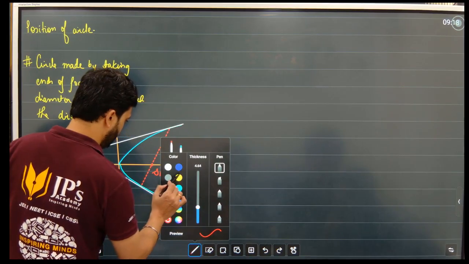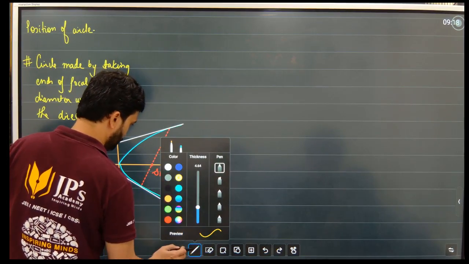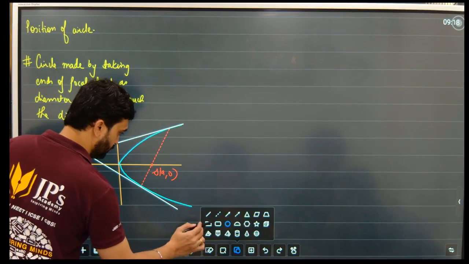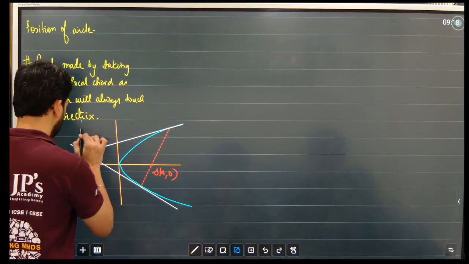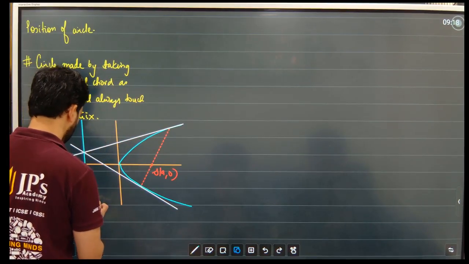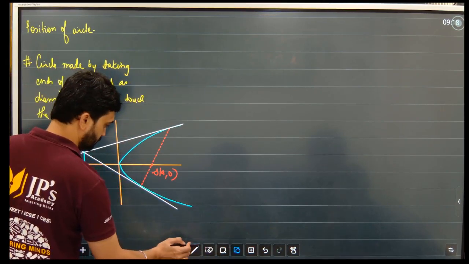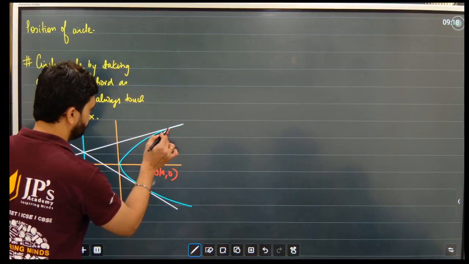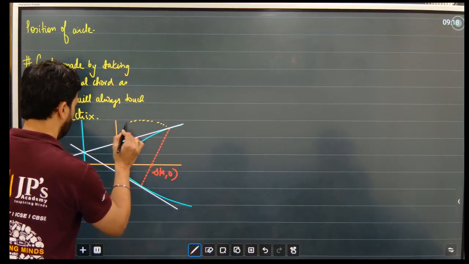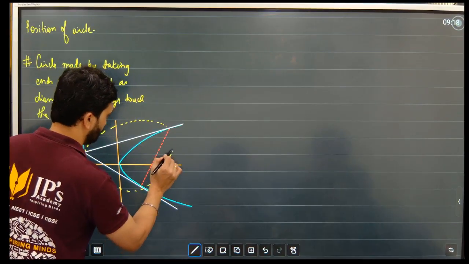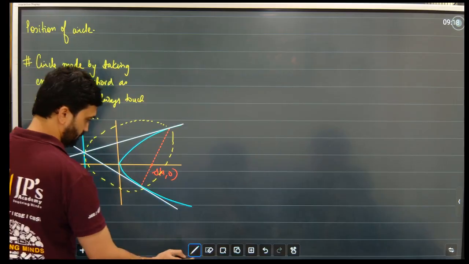Imagination पे depend करना पड़ेगा अपने को. So if I make a circle and this is your directrix, जो directrix है यहाँ पे, ठीक है. Now if I touch it, ऐसा गंदा वाला सर्कल बनेगा. It will touch here somewhere. थोड़ा अजीब हो गया.